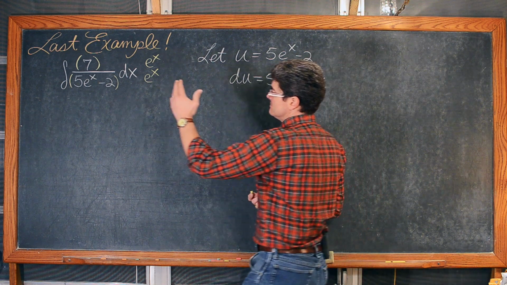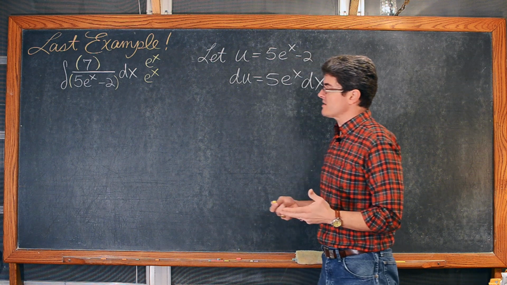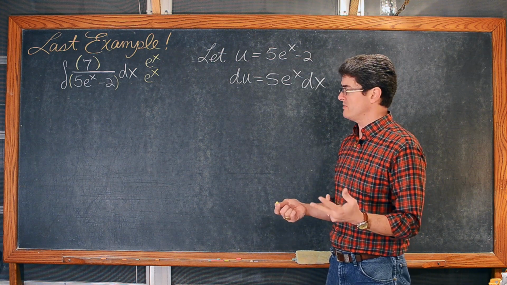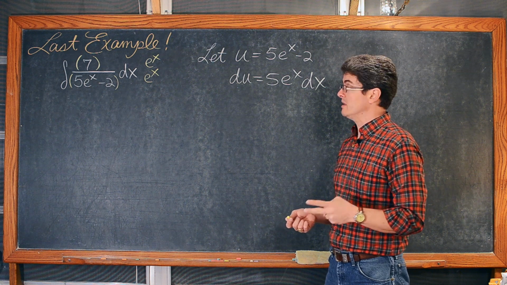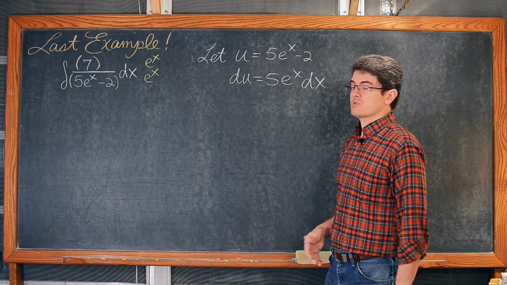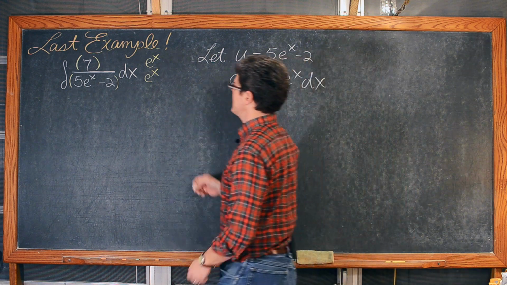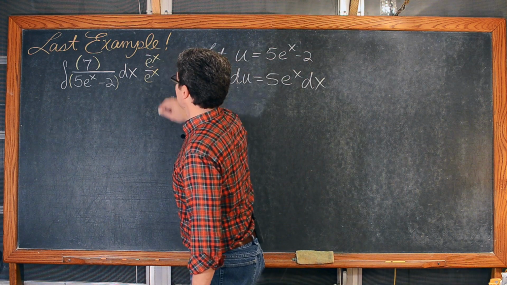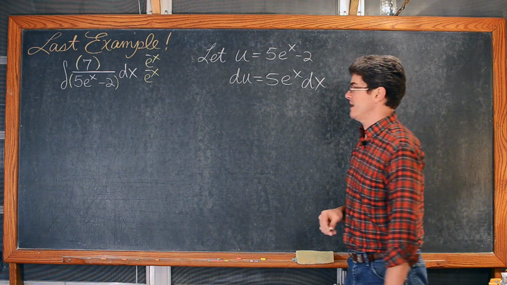And then I'm going to have e to the x times negative 2, which is negative 2 e to the x. So now my denominator is going to have two terms with the natural exponential function. So when I go to do this u substitution, I'm going to need 2 in the numerator instead of just 1. So how about instead we multiply the numerator and denominator by e raised to the negative x power.